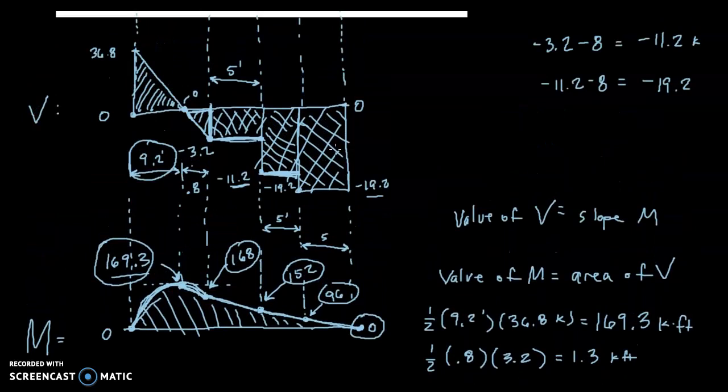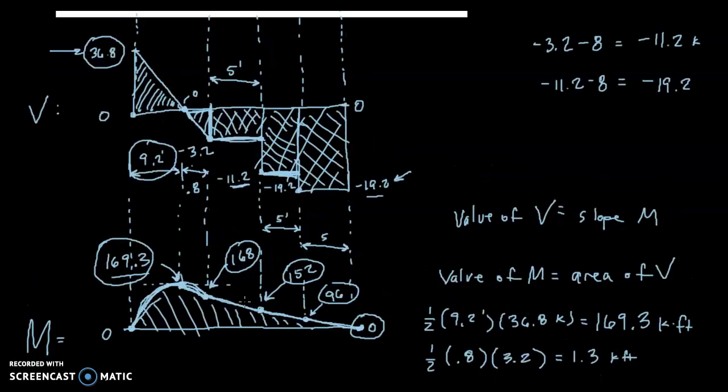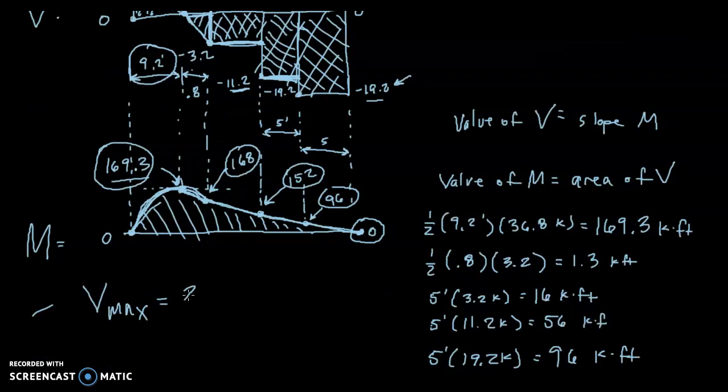Those are the important values I'll be looking for when grading these diagrams. The maximum shear, it doesn't matter if it's positive or negative, we're looking for the maximum magnitude. So on the negative side, the biggest it gets is 19.2. On the positive side, 36.8. Obviously 36.8 is bigger. So in conclusion, we would say that the shear max is equal to 36.8 kips, and that occurs at the left support.